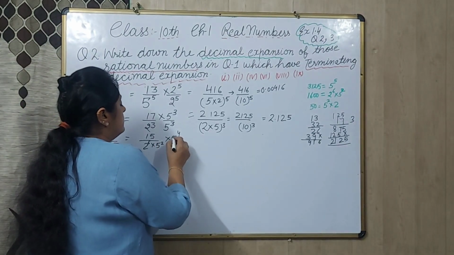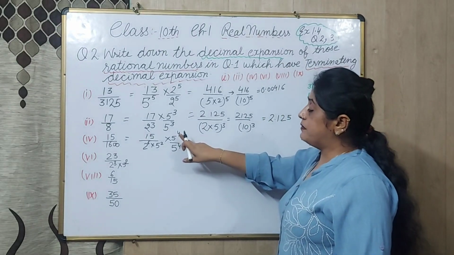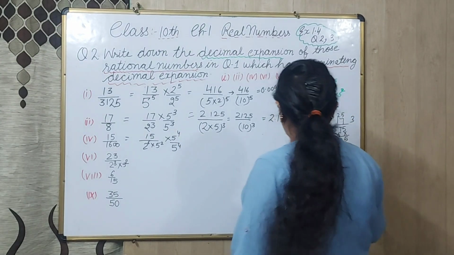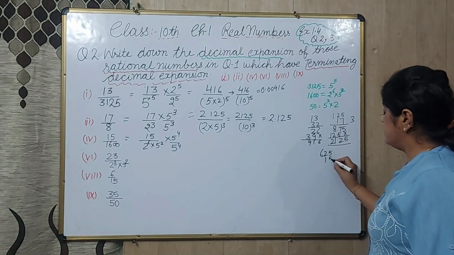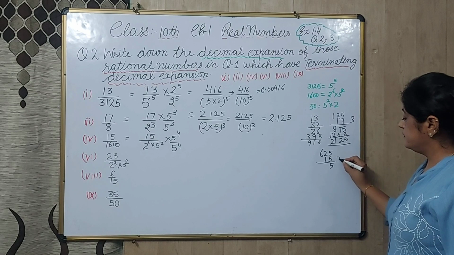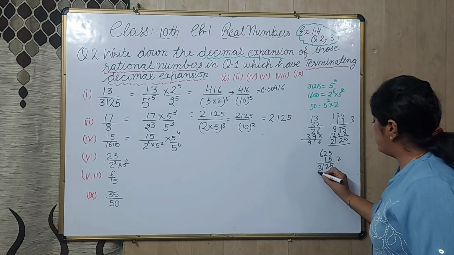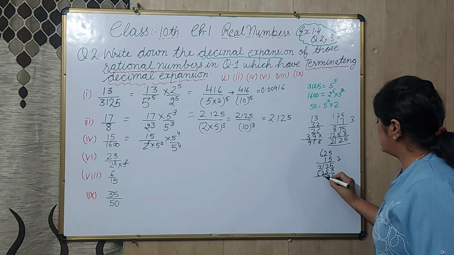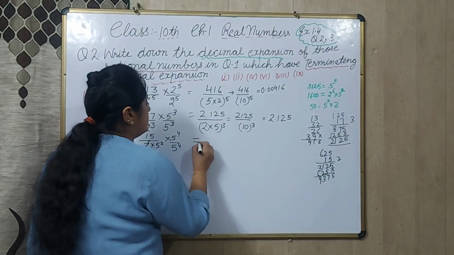Now 5 power 4: 5 fives are 25, 25 fives are 125, and 125 fives are 625. You will multiply 625 by 15, and then multiply by 1. We get 9375.